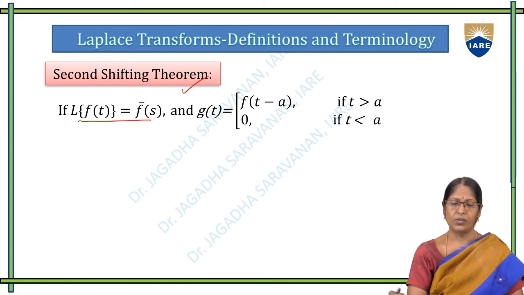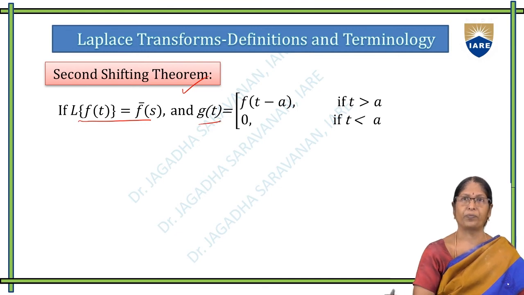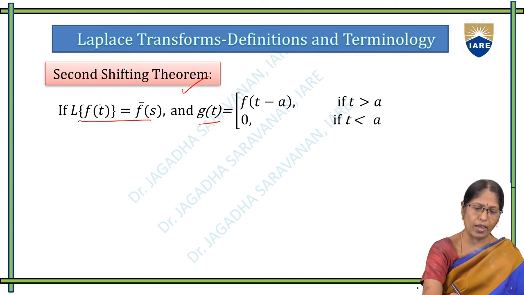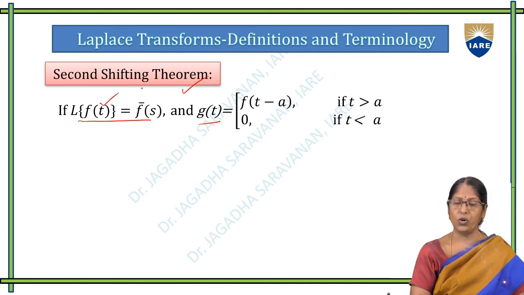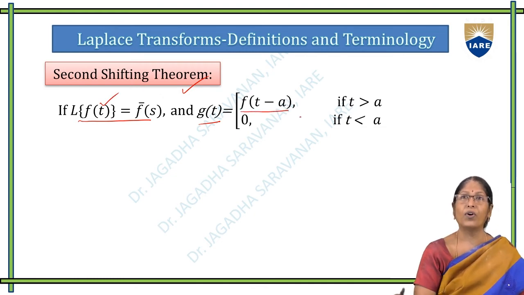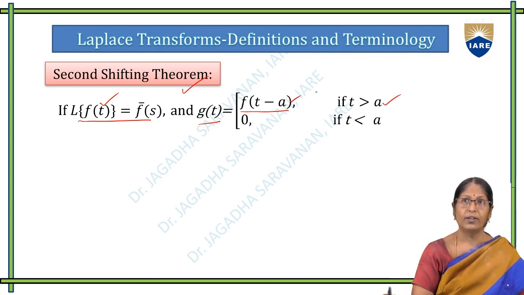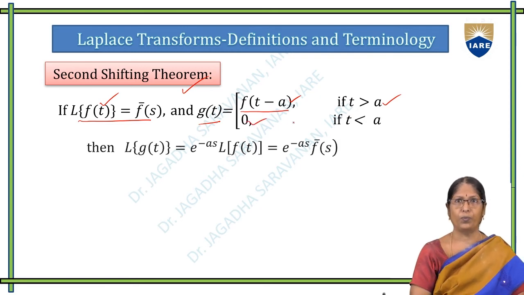But here g of t is there, which is connected to our f of t in such a way that g of t is f of t minus a if t is greater than a. If t is less than a, the function is 0.